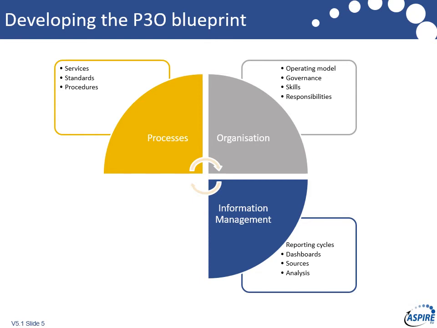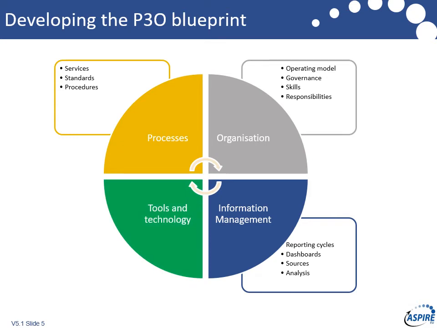What are the dashboards that we want to have? And what kind of analysis do we plan to do? So if you're using earned value, or if you're going to track by milestones, all these things need to be designed at the outset so that the information is there to enable you to do your analysis further down the track.